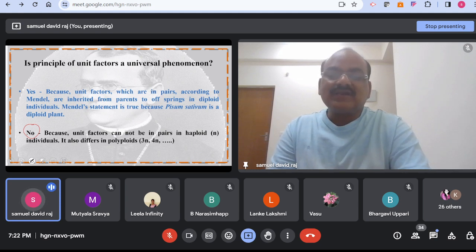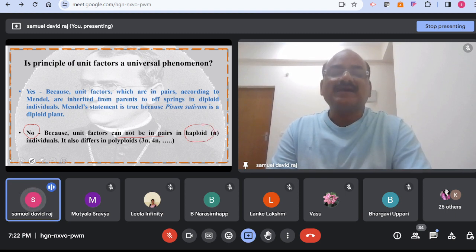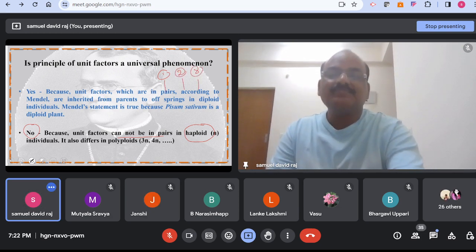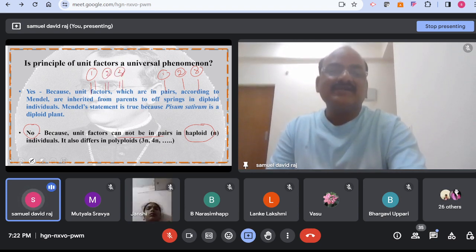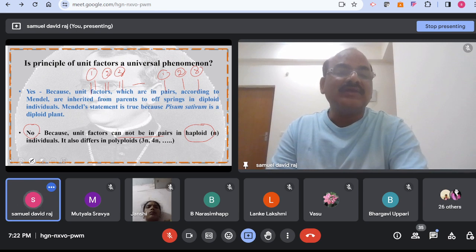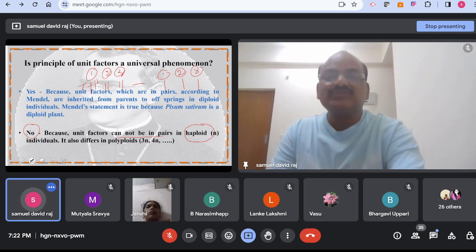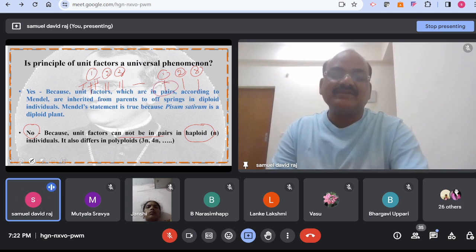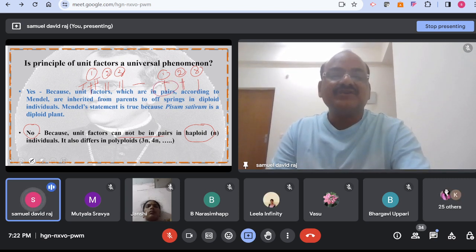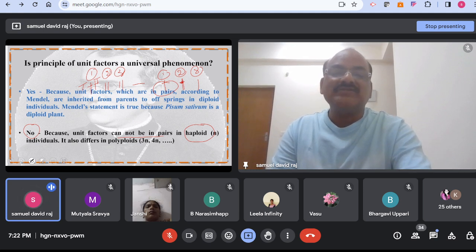Why? Unit factors cannot be in pairs in plants or animals which are haploid. A haploid individual has only one set of chromosomes, whereas a diploid individual has pairs of chromosomes. So in diploid individuals there are two genes, that means paired, whereas in haploid individuals each chromosome carries only one gene, either capital T or small t.